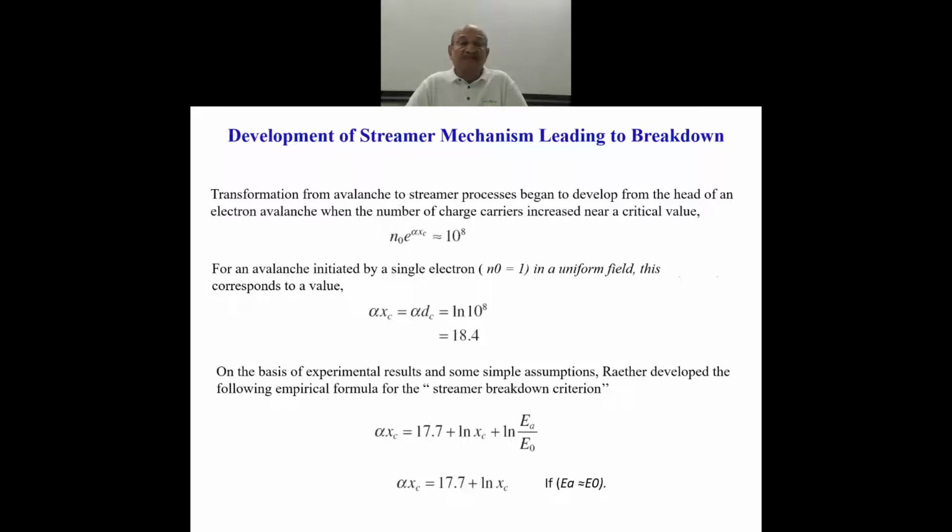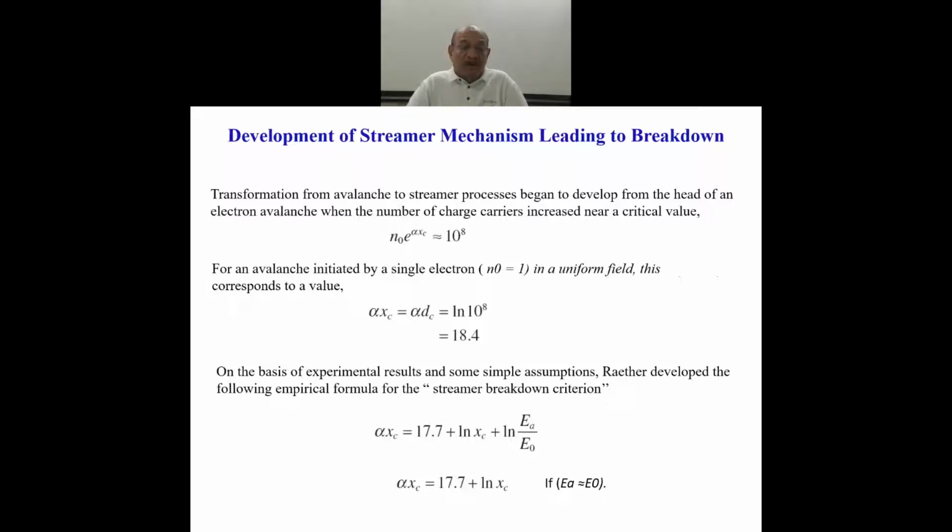The mechanism is different. The mechanism is called the streamer mechanism. Now he derived equations and tried to find out what number of charged particles distinguishes between the breakdown mechanism given by Townsend and beyond that, where the charged particles are more, when avalanches of bigger size take place, what actually happens.